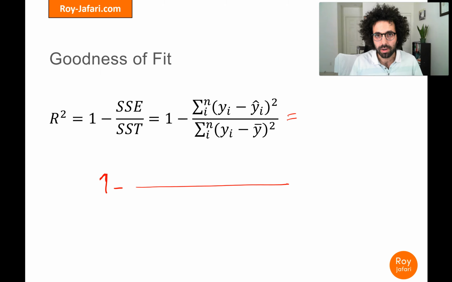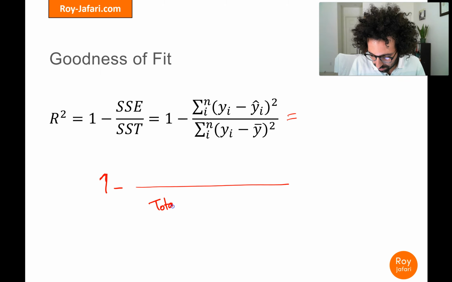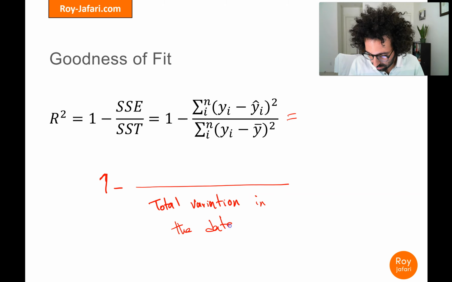On the denominator we have the total variation in the data, right? So this is the total variation in the data. And what is the numerator? The numerator is the amount of variation that was not explained, right?